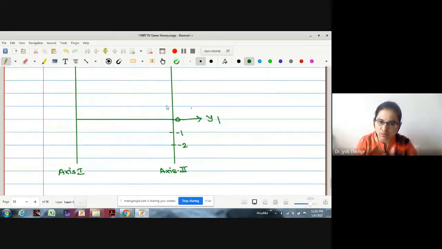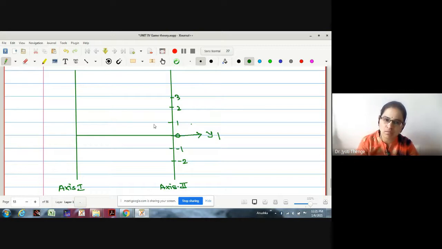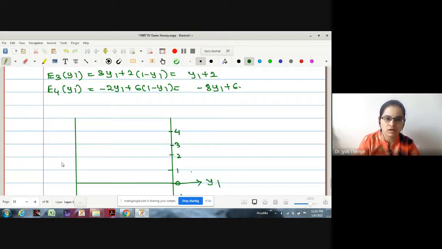Plot 1, 2, 3, 4. I want 6 this time. 6 here. We will just extend our axis.